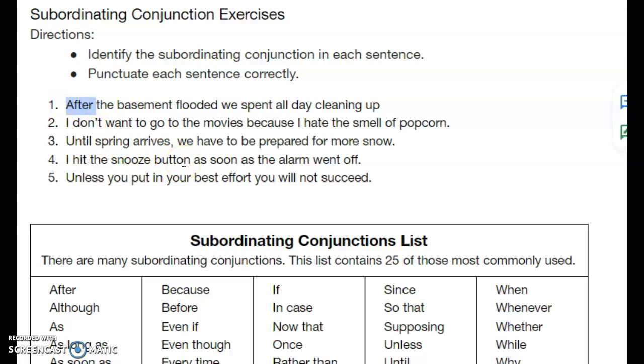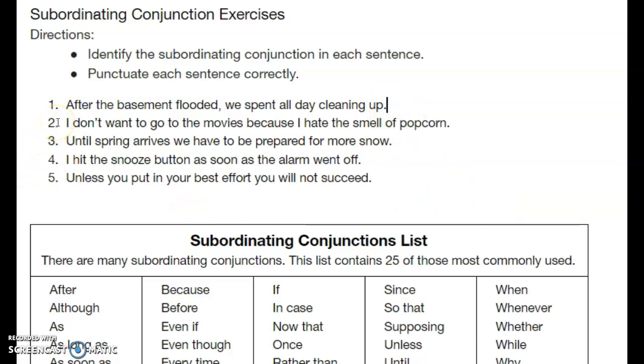All right, so after is the subordinating conjunction, so that puts the conjunction at the beginning of the sentence. So now, identify the sentence that is punctuated correctly. All right, after the basement flooded, comma, we spent all day cleaning up, period.